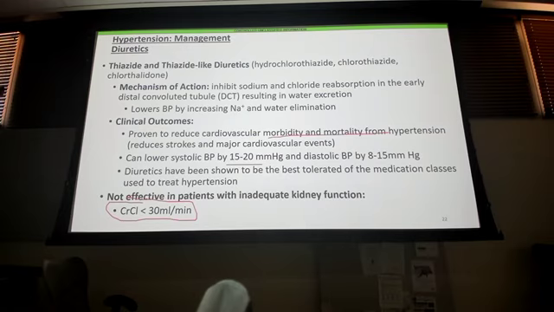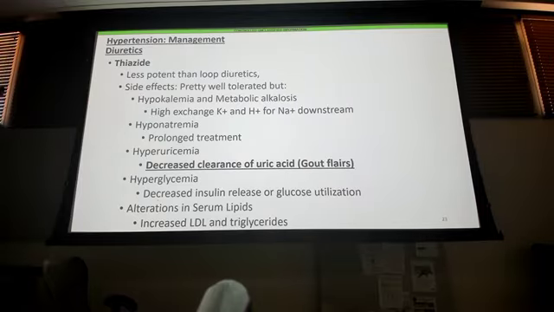If their creatinine clearance is less than 30, then they should not be on a thiazide diuretic. We also talked about how patients who suffer from gout probably should not have thiazides because they can increase the risk of gout flares by decreasing the clearance of uric acid. So it maintains a much higher level of uric acid in the blood, precipitating those gout flares.